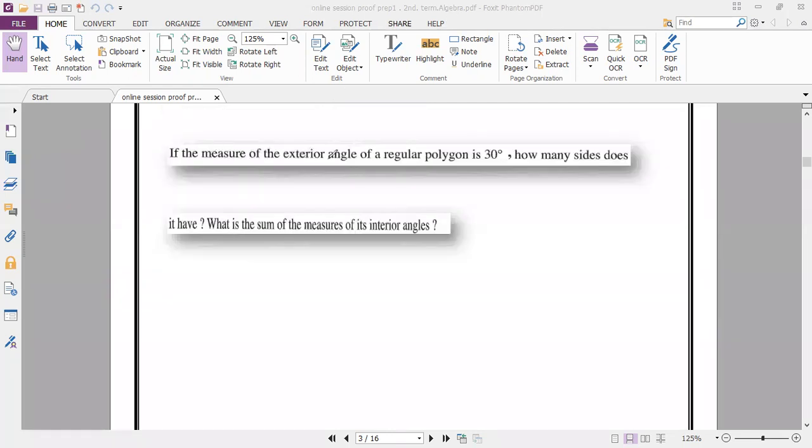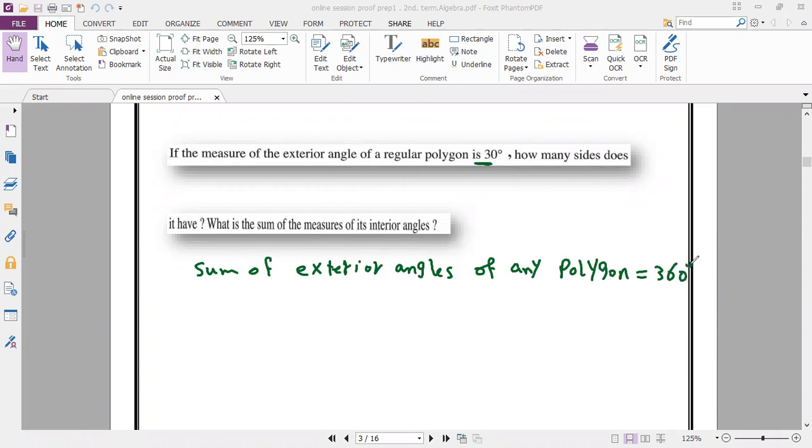If the measure of the exterior angle of a regular polygon is 30, how many sides does it have? You know that the sum of exterior angles of any polygon equals 360.